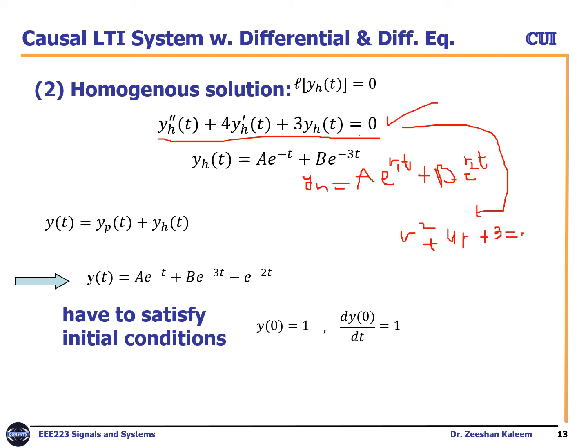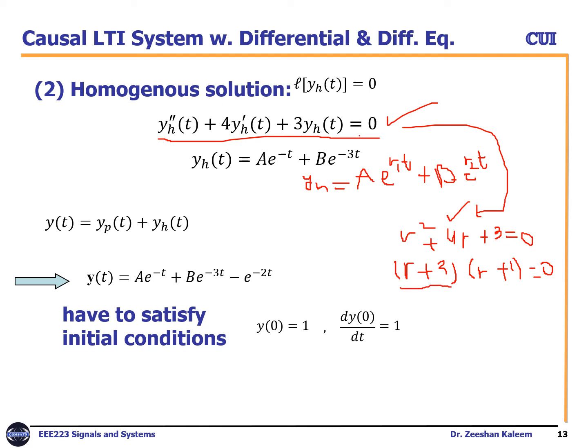If we further factor it, we can write it as (r plus 3)(r plus 1) equals 0. If you open it again, it becomes r square plus r plus 3r plus 3, right? So when you combine again, it will be the same, r square plus 4r plus 3.